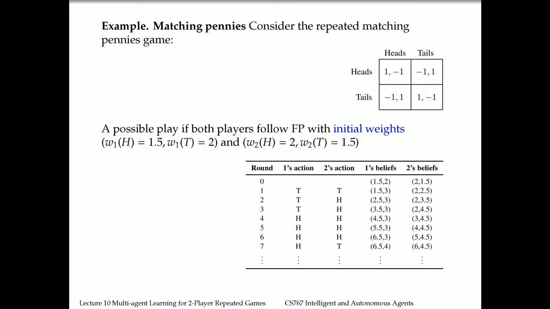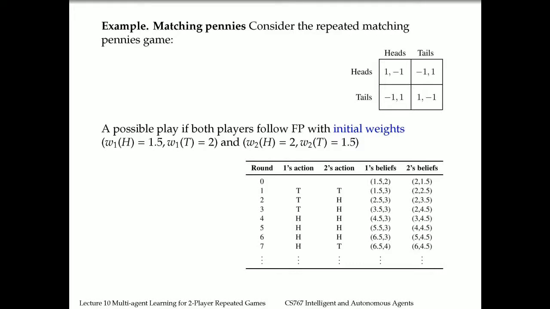Right? But the consequence of that is that because player 2 played tails, looking from the point of view of player 1, this essentially confirms the prior belief that player 2 is more likely to play tails, right?